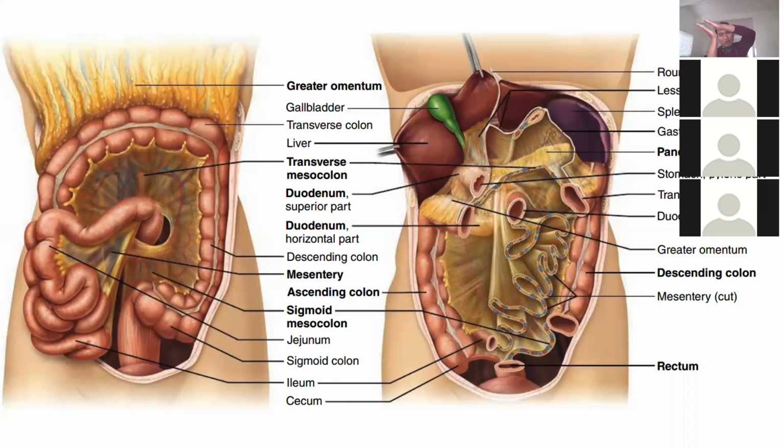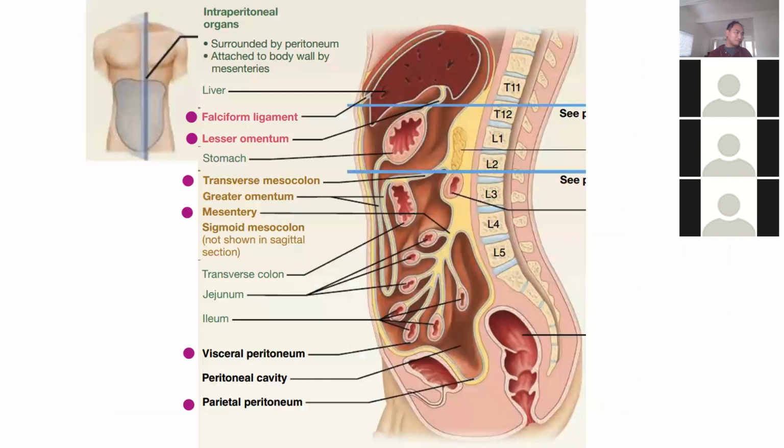It is the two layers of peritoneum just stuck together. Inside two layers, there will be fat, there will be blood vessels like the branches of the superior mesenteric, inferior mesenteric with their branches together with the fat, some lymph nodes just sandwiched in between the two layers of the peritoneum. So let's look at this diagram.